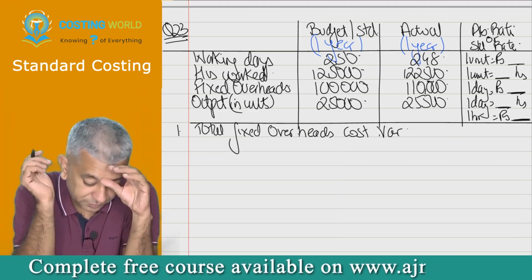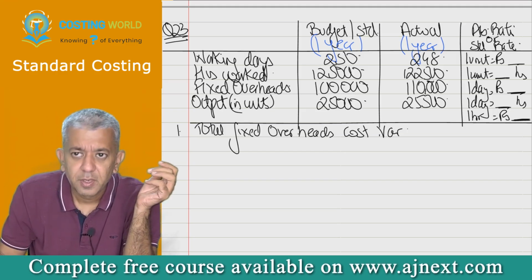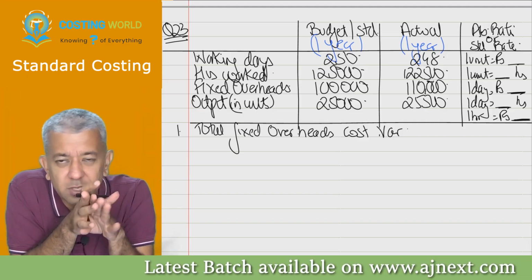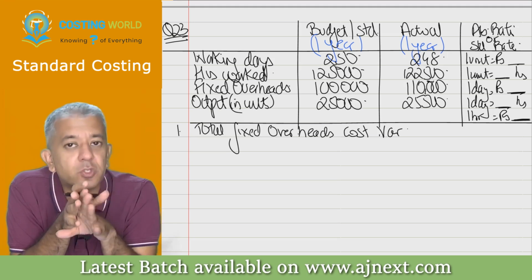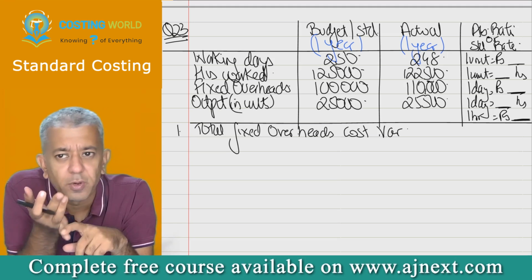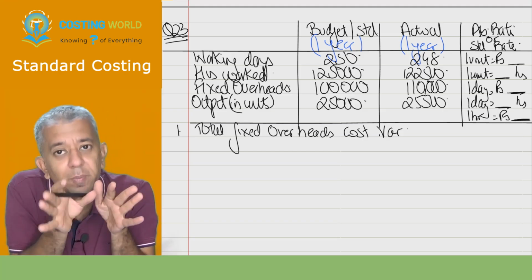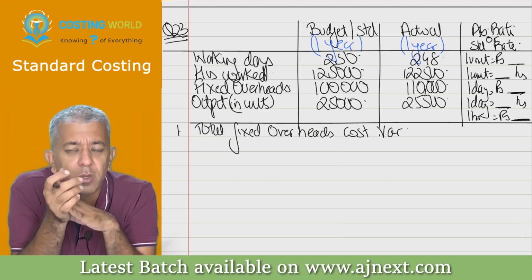Now see, the only work that I'm giving you all. First of all, this is unlike anything that you all have done in standard costing. This is fixed overheads. Why is it unlike any other thing that you all have done? Whenever you produce one unit, you incur material cost, you incur labor cost, you incur variable overheads also. So all of them are dependent upon output. But fixed overheads, whenever you produce one unit, you don't pay rental.